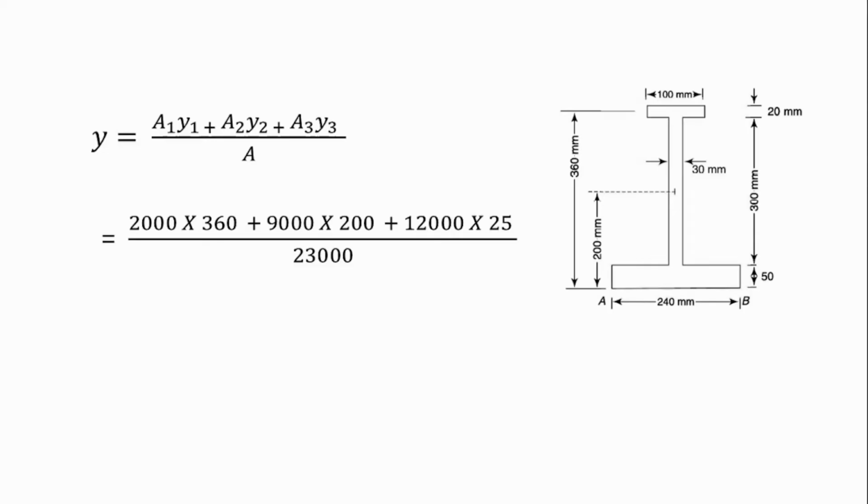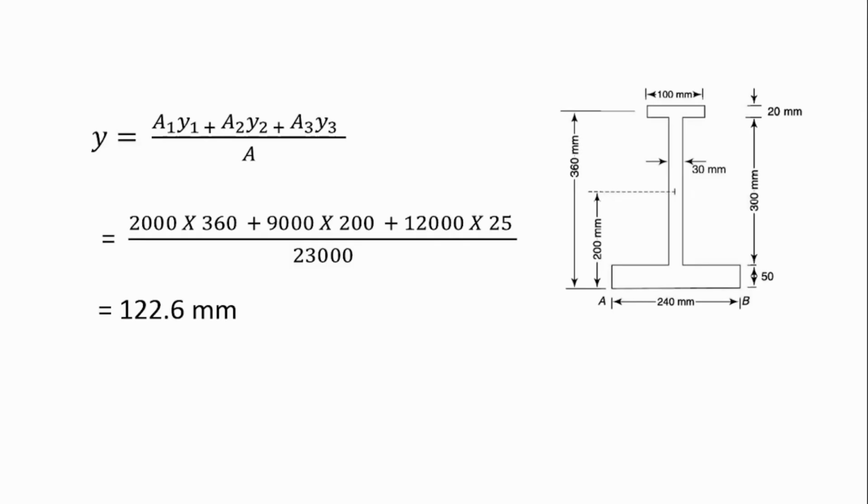So if you put that into the equation and divide by A, which is 23,000, we're going to arrive at 122.6 millimeters. So that's our farthest point from the neutral axis. That means from the bottom AB upwards, you are going to move 122.6 millimeters to arrive at the neutral axis.